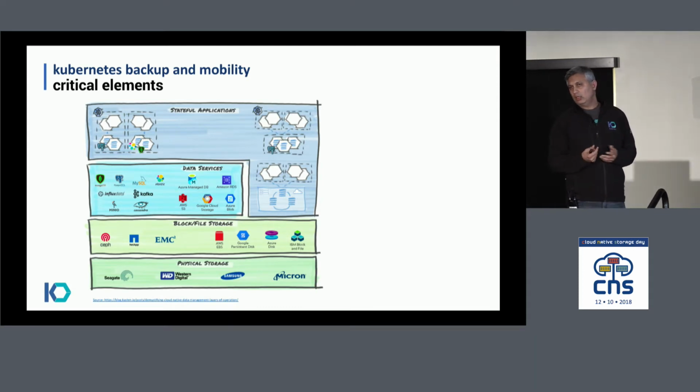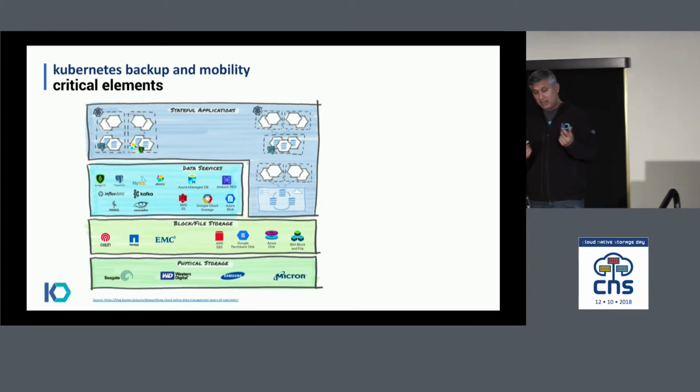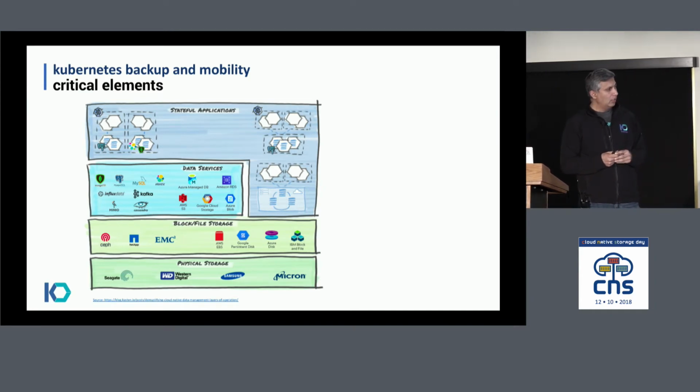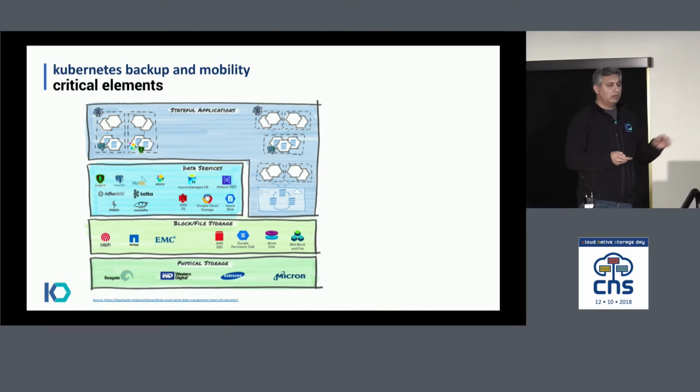And in today's world, it's polyglot persistence, which means every microservice picks up whatever is its favorite database to solve the particular need it was created to do. So it would either exercise the underlying data service, or it can also directly exercise the block and file system. So that's a fairly simple stack, and there's no reason to make it more complicated than it needs to be. And that's really the point.